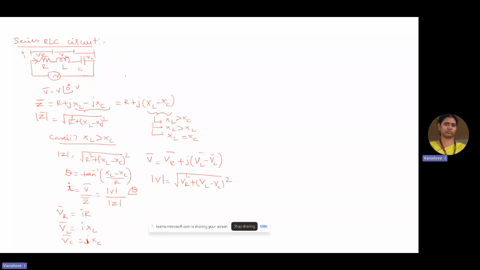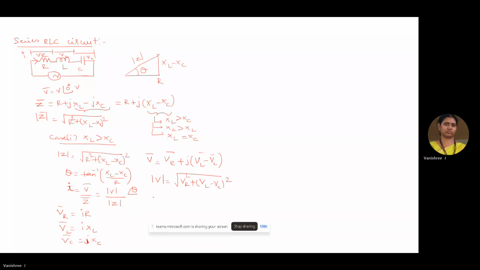Coming to the impedance triangle, in the same way, we take the R, then XL minus XC is taken along the 90 degree. Then the impedance triangle is drawn with the modulus of impedance as the hypotenuse and theta.